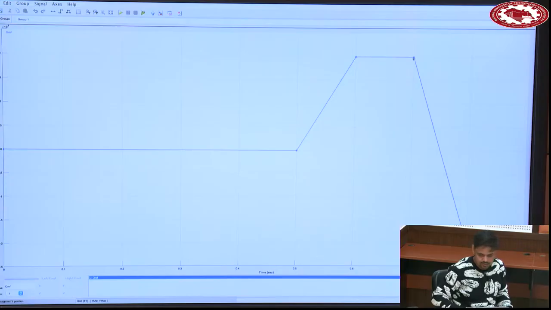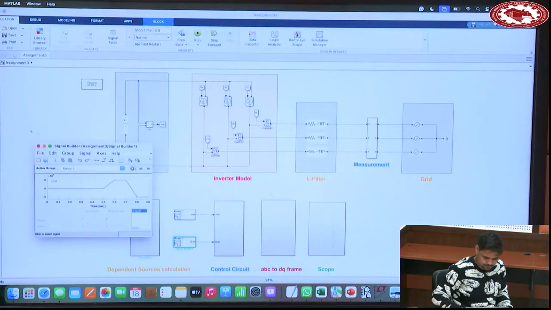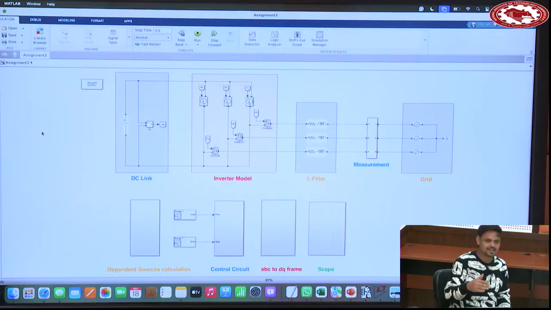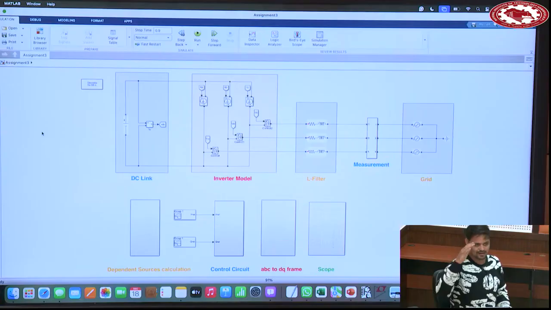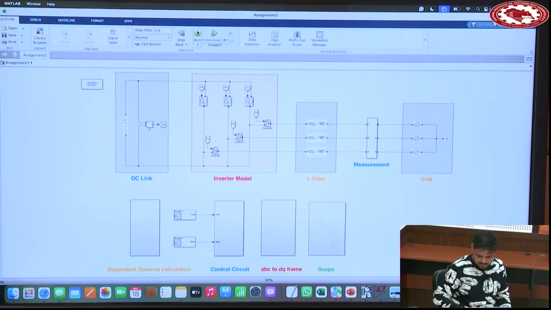It is maintained at that value till 0.7 and then it is reduced to negative 20 kVAr and stays at that value. So these are the commands given by the user, that you regulate P according to this graph and Q accordingly. Using this P, Q, you will get ID ref, IQ ref, and then the current controller comes into the picture and tries to generate the modulating wave accordingly. So let's run this.